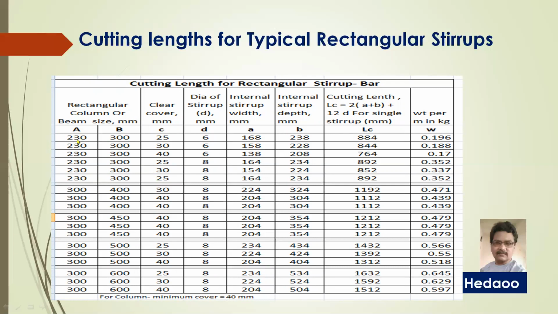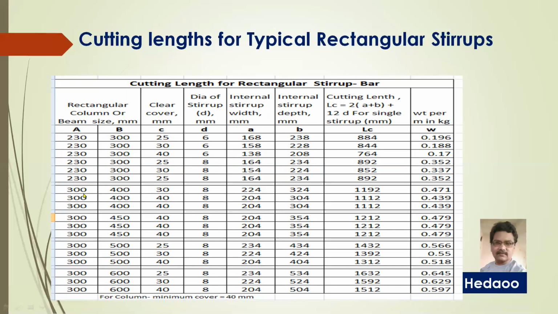Here 230 by 300, clear cover is 25, diameter is 6. Then you get A with the same formula, then B, then you get the cutting length, LC equal to 2 into (A plus B) plus 12D. So here 884 mm, and you get the weight here.